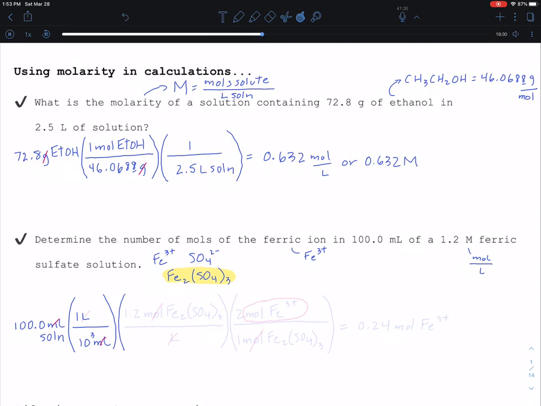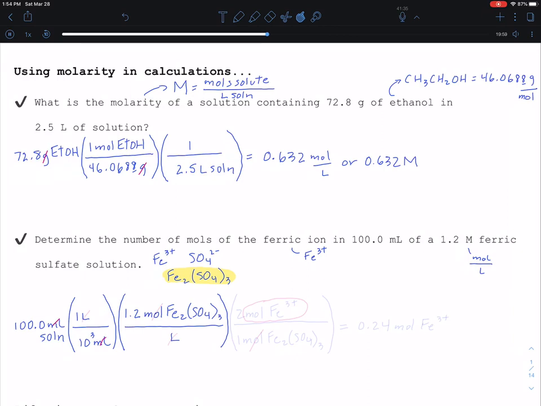What am I actually talking about? I'm talking about a 1.2 molar solution. So I'm talking about 1.2 moles of this salt in a liter of solution. Here's the deal. I don't have a liter of solution, do I?